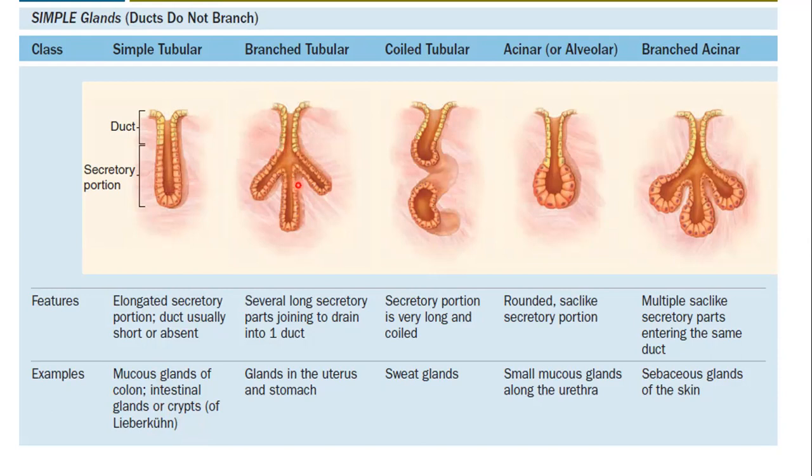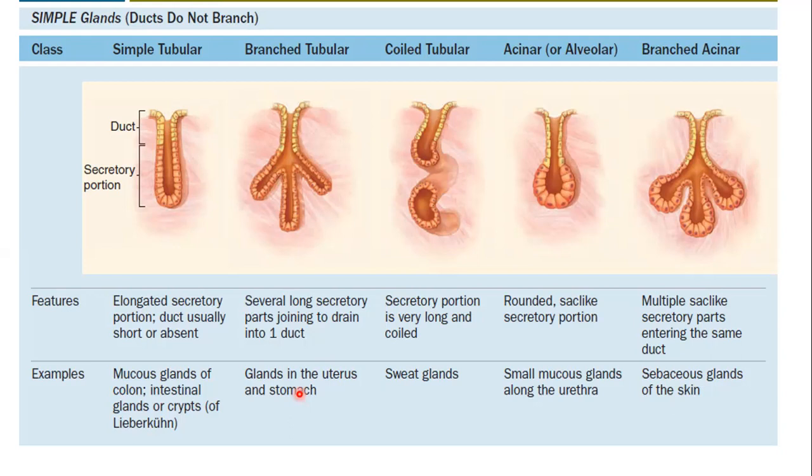What if there is more than one tube at the bottom of one duct? We call it a simple branched tubular gland. So these are branches attached to one duct. Where can we find the simple branched tubular gland? These are found all over in the stomach and the uterus.